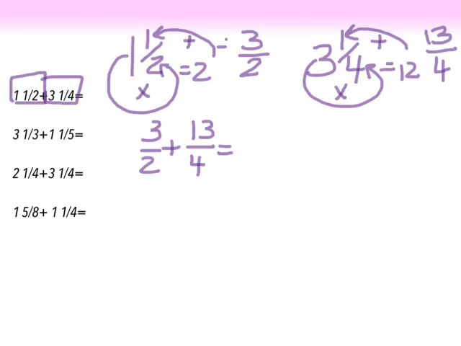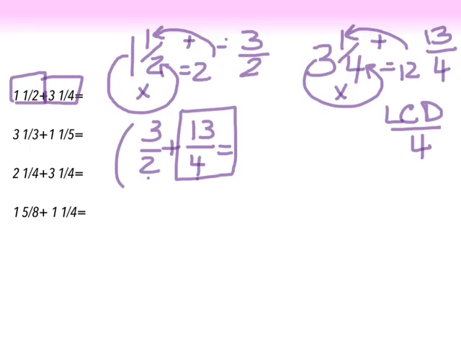Not going to work because our denominators are not the same. What's our least common denominator? Here, our least common denominator is 4. I don't have to do anything to this fraction because my denominator is already 4. This is the fraction I have to do something to.